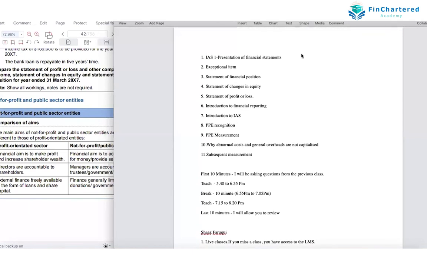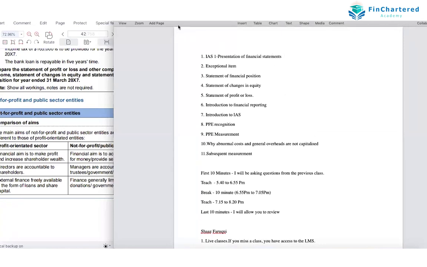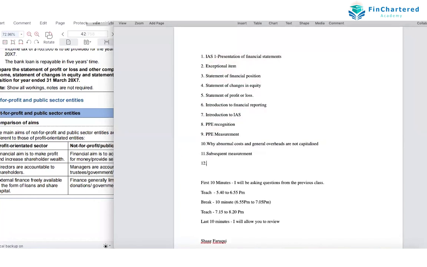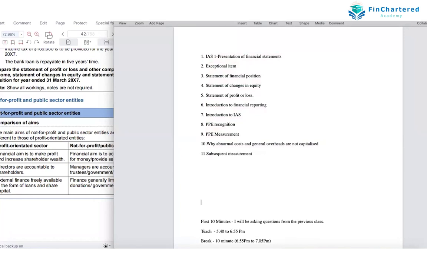And again, I did mention this in the demo, but the topics that will be covered on that specific day will be on the screen in front of you, right? And as and when I complete a certain topic, I will be marking that topic in green.